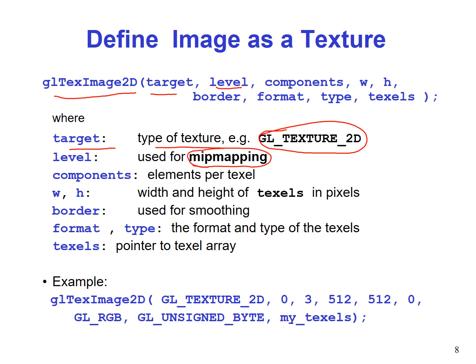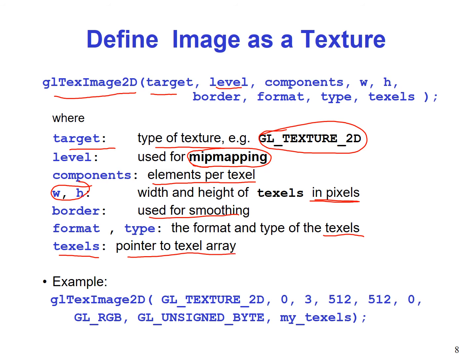We will study this later. Components mean the elements per texel to be used. W and H are the width and height of the texels in pixel units. Border is used for smoothing. Format and type basically specify the format and type of the texels. The texels themselves, the last parameter, is a pointer to the texel array.